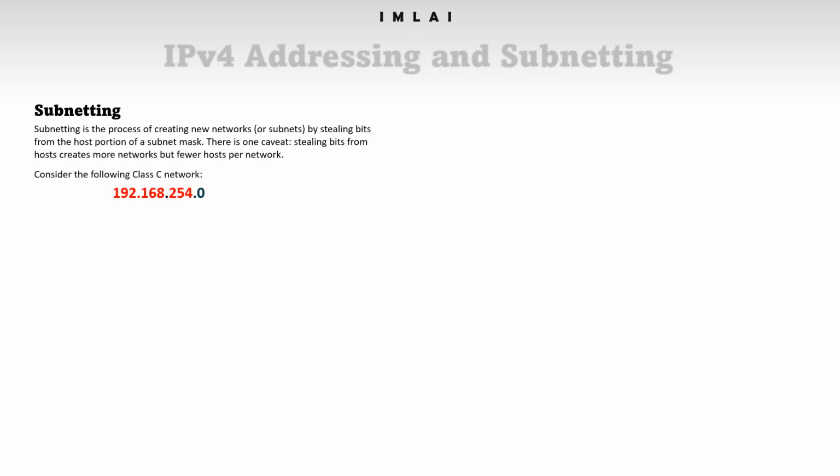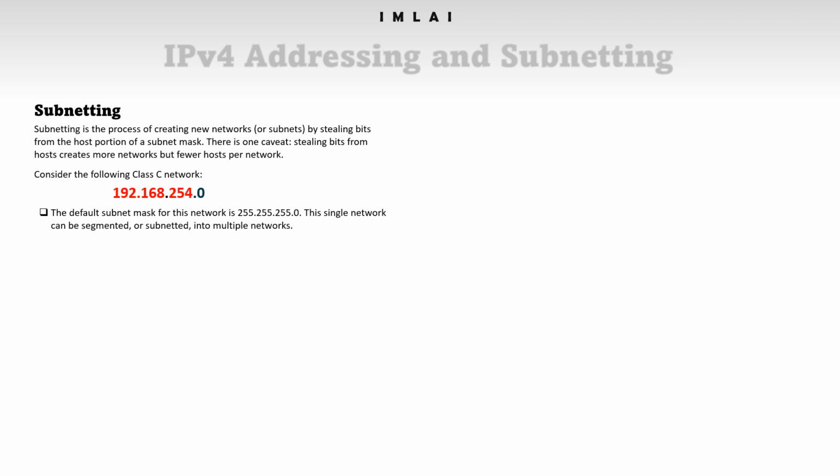So consider the following class C network. As I have told you, it consists of a total of four octets, out of which three octets define the network and one octet defines the host. The default subnet mask for this network is 255.255.255.0.